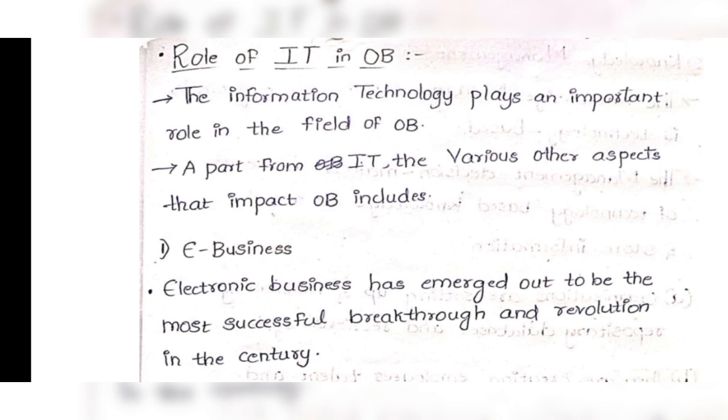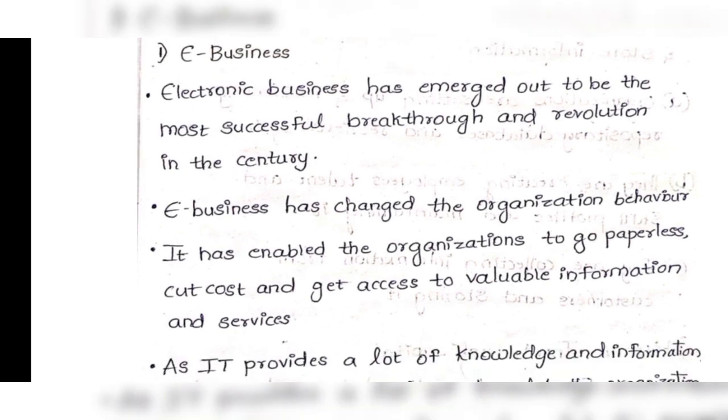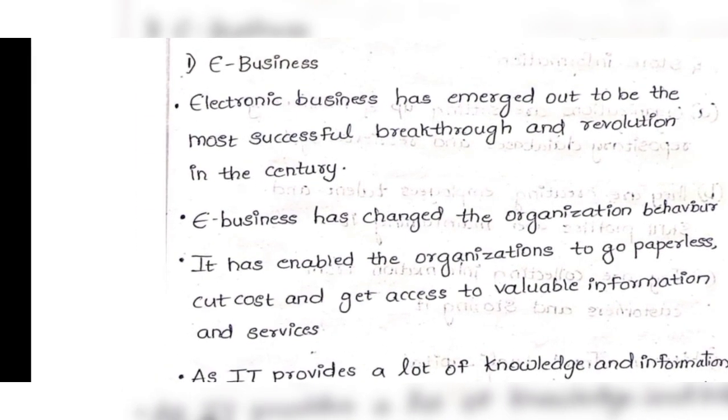Apart from IT, what are the other aspects that impact OB? The first one is e-business. What is meant by e-business? E-business is electronic business, which has emerged as the most successful breakthrough and revolution of the century.